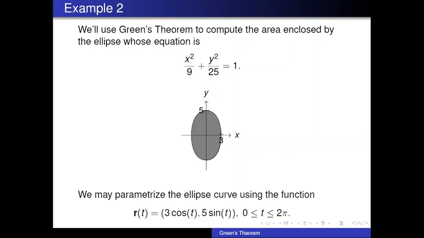So let's parameterize this ellipse. It's kind of like the unit circle centered at the origin, except it's been rescaled in the x direction by 3, and rescaled in the y direction by 5. So we can use that same standard parameterization of the unit circle in the xy plane, but just rescale the x component by 3 and rescale the y component by 5.